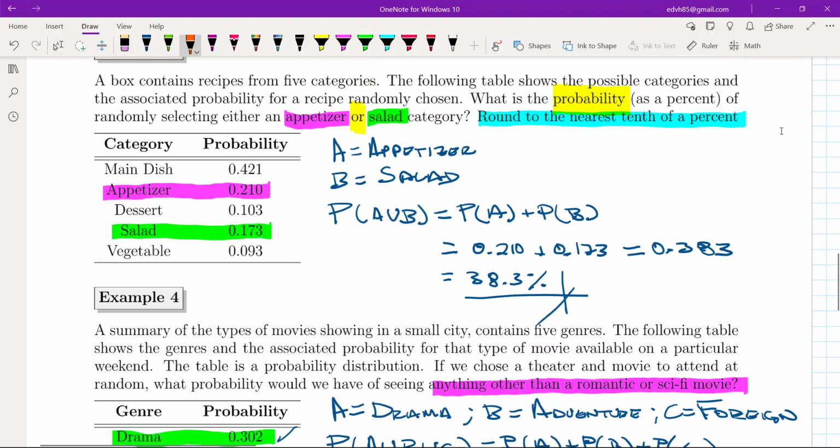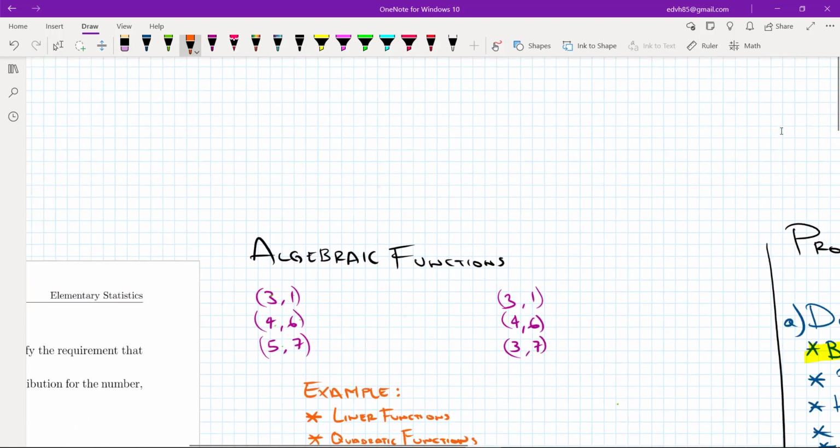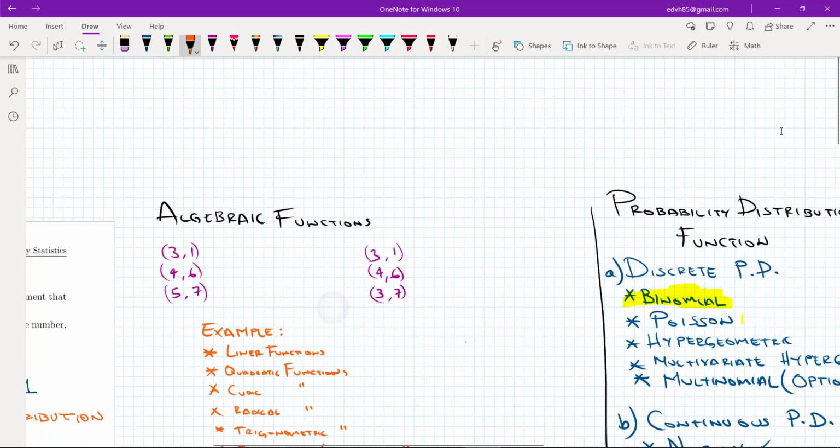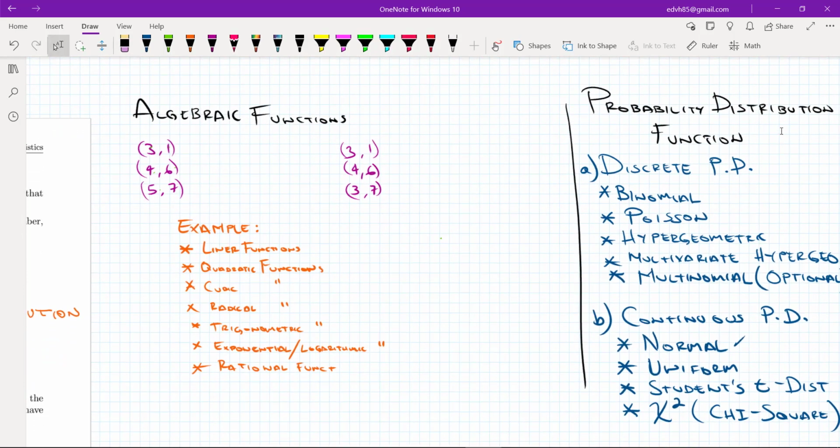All right. So what about all this probability distribution? This one you don't need to write, or if you want to, write it on the back side of the page. In chapter 5, we describe probabilities, but in the form of a function. So let's go back a little bit to algebra, in which you learn how to determine whether a given set represents a function. For example, you were given these ordered pairs right here. You wrote the domain and the range.